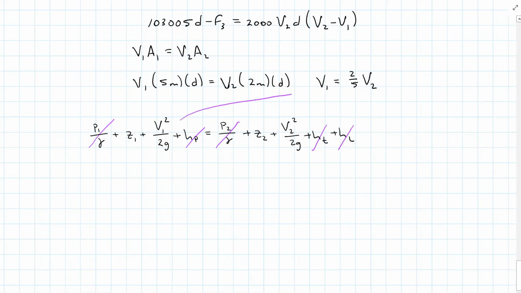I can take the V1 that I just solved for and plug it into this energy equation, and what I'm going to have now is elevation 1, 5 meters, plus V1, so that is (2/5 of V2) quantity squared over 2 times gravity, is equal to Z2, 2 meters, plus V2 squared all over 2 times gravity.